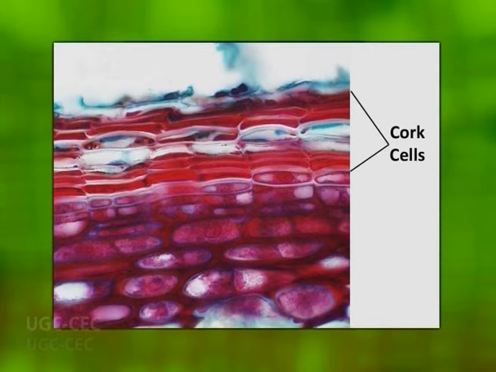In cross section, the cork cells are usually seen to be arranged in compact radial rows which are devoid of intercellular spaces. This radial arrangement indicates that the phellogen cells divide tangentially. The cells of the phellem or cork are dead at maturity. They are characterized by suberin deposits on the walls.